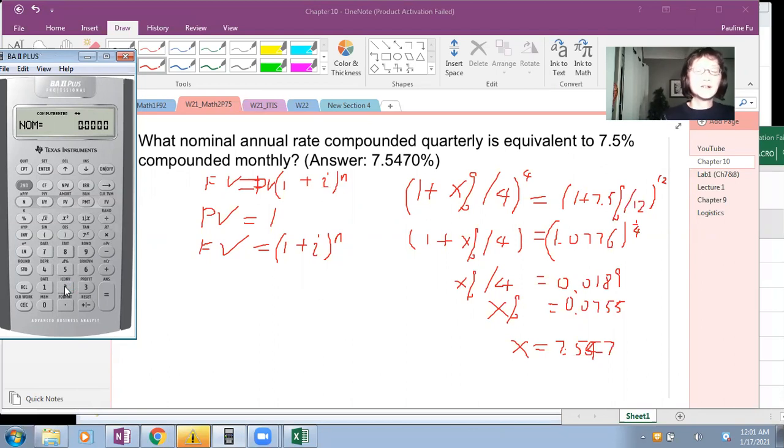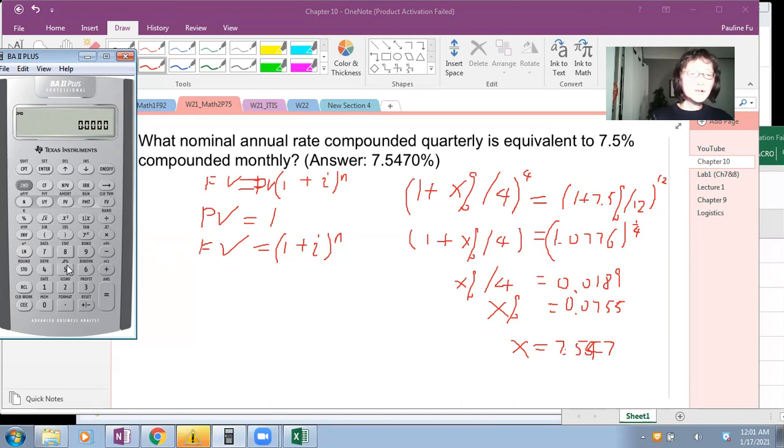And after that, you have nominal rate, type in the one you already know, 7.5. Enter. Okay. And then go, not this one, so I messed up.